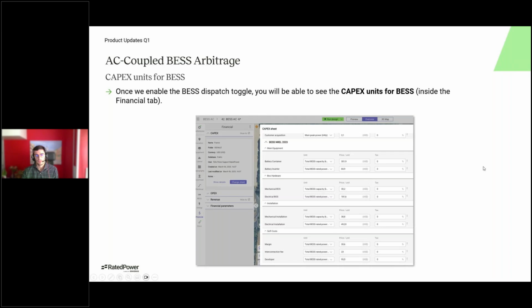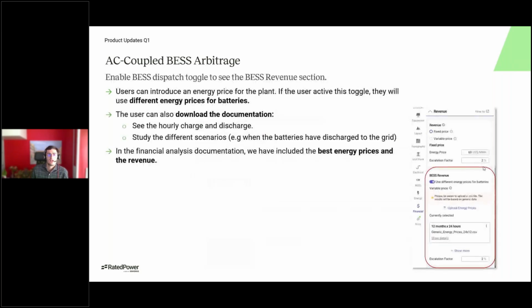Also related to this new option, new capex units have been defined for BESS. You will find them in the capex sheets once we enable the option for dispatch, and also that we can determine the best revenue from the financial section, defining variable prices in case we want to use different prices for batteries and for PV.